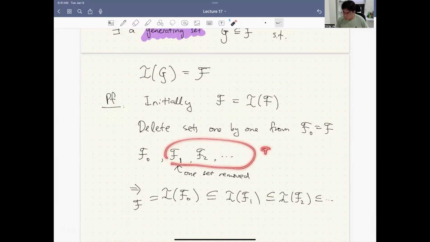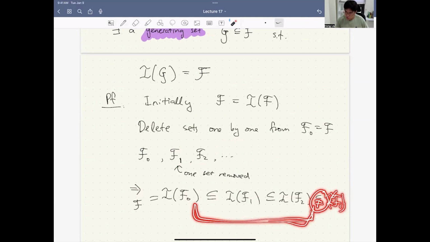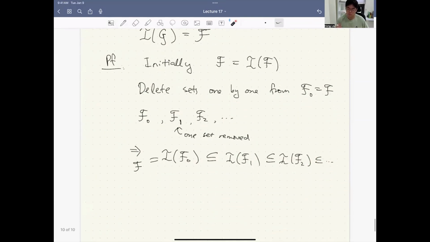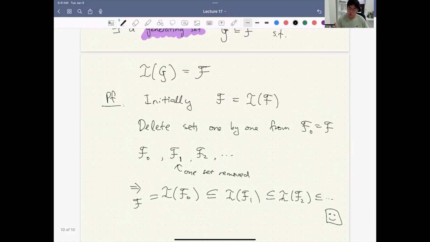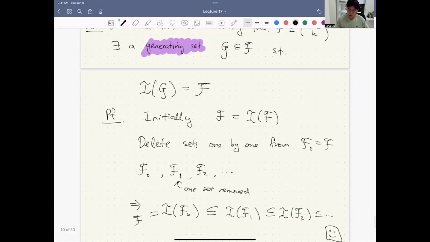Maybe at some point, at some Fi, this becomes a strictly bigger family. Then you just don't take this Fi. You just take all the previous ones, and it works. This is a trivial one, but I want to say that this is a way to find the generating sets.